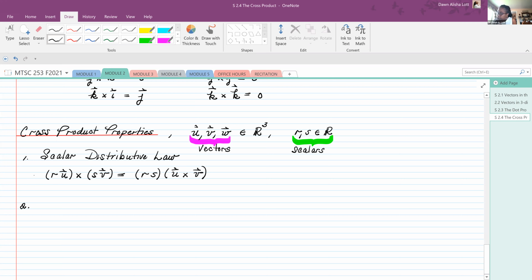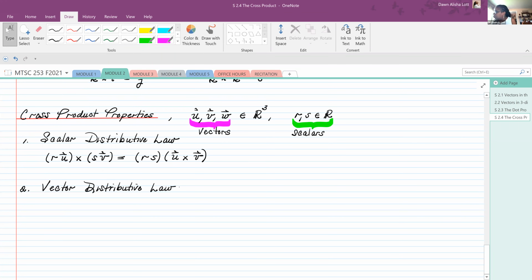to the vector distributive laws. And it's 2 of them.